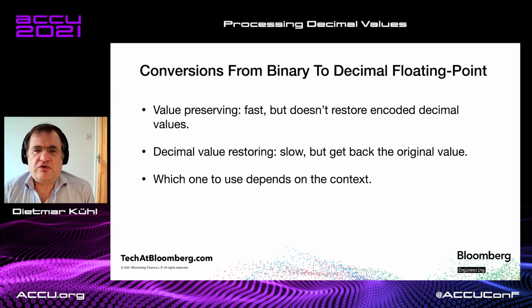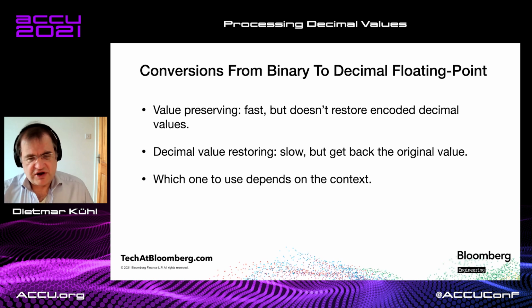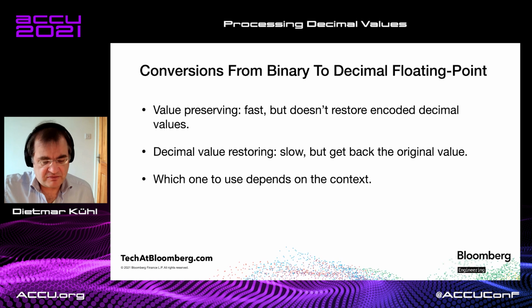Okay, so there's one thing which is interesting. If you convert from binary to decimal, whether it's binary to decimal floating point or to string, there are two choices you can make. You can either go the fast route. The fast route is basically saying, all right, I want to represent the binary value I have as closely as possible in the decimal value.